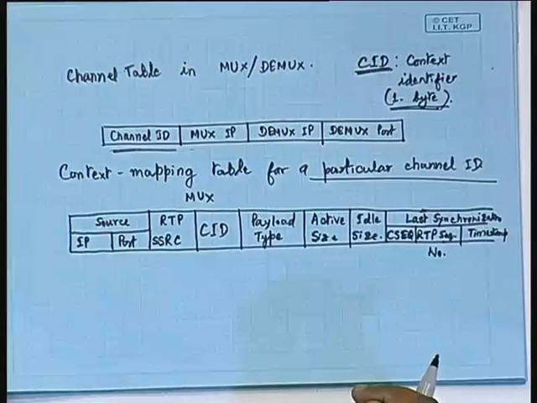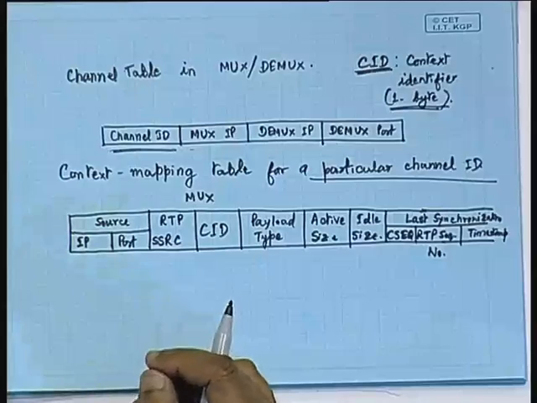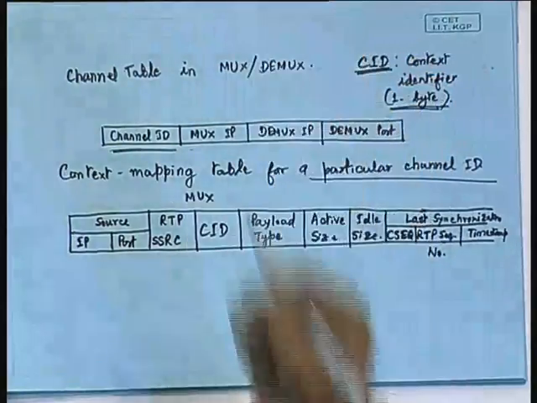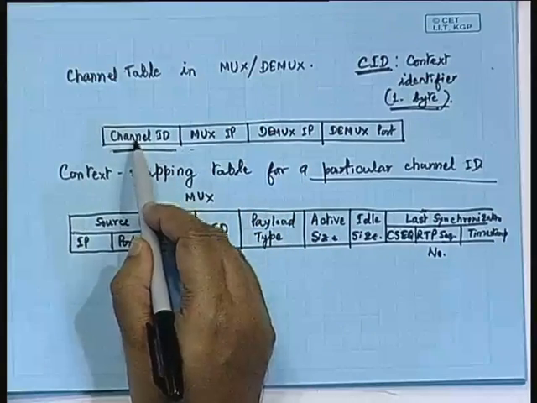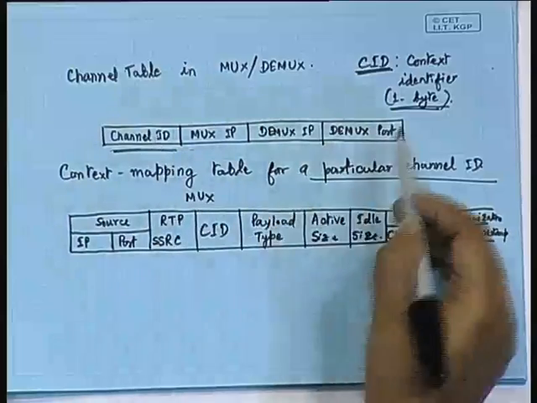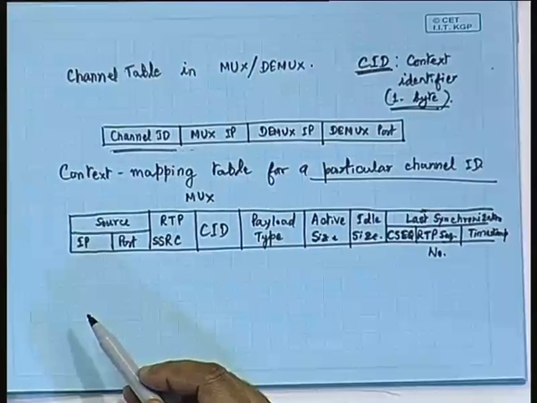Because all that the multiplexer will do now is, after identifying the source, it also knows the destination, because when it goes to this table using the channel ID, it can find out the demultiplexing IP and port.